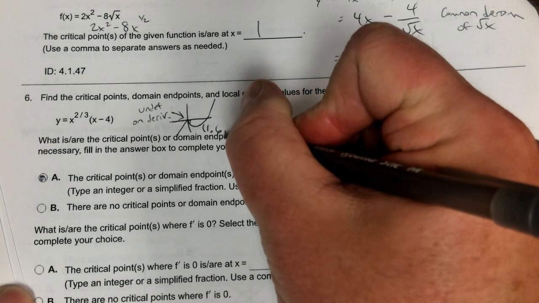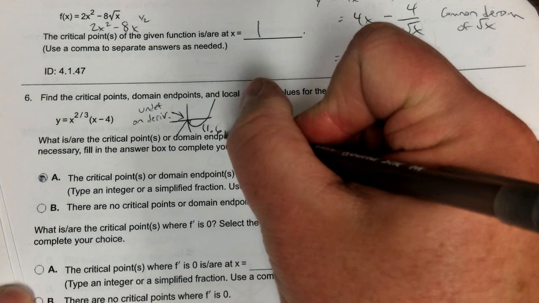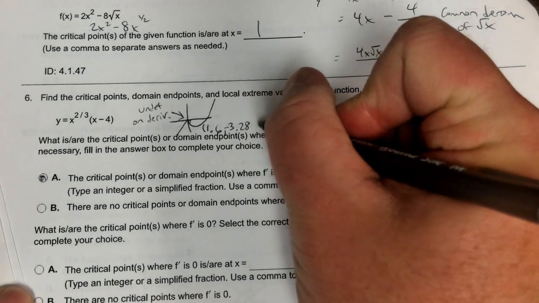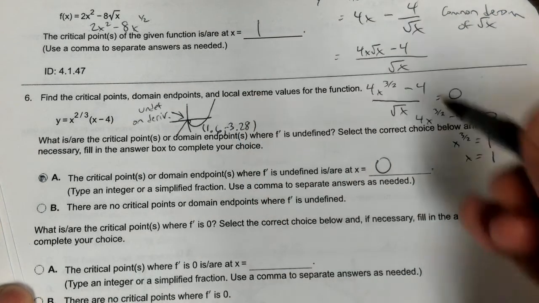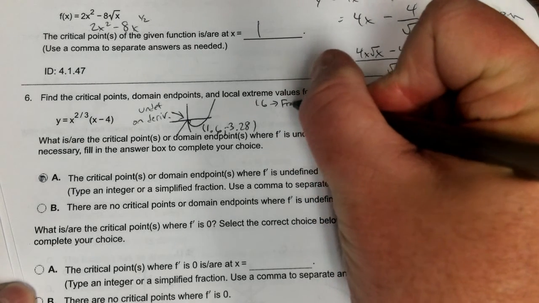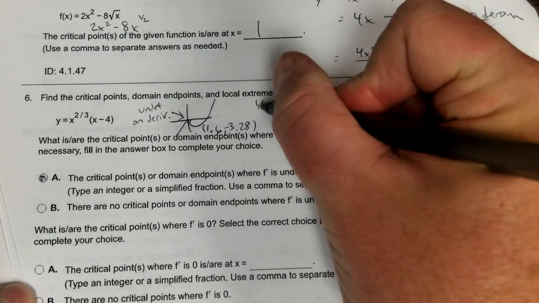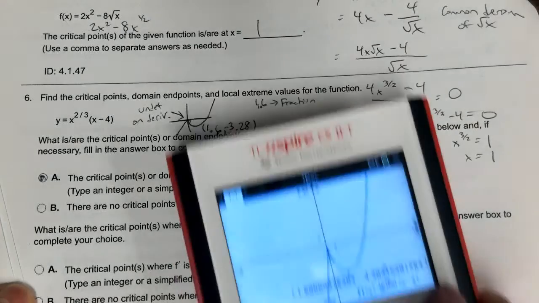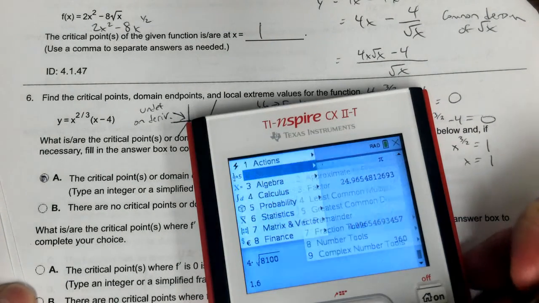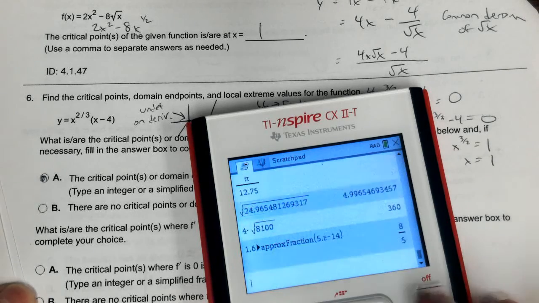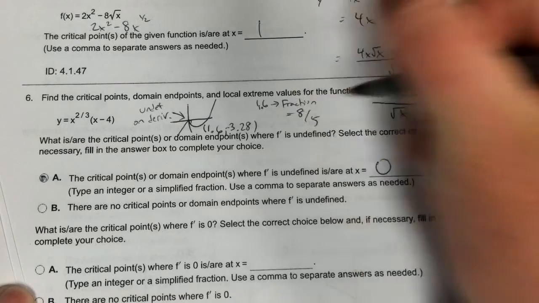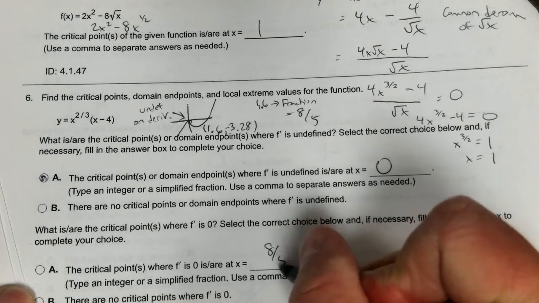Comma negative 3.28. Now the 1.6 you need to make as a fraction. So 1.6 as a fraction is 8/5. And so that'd be x equal 8/5.